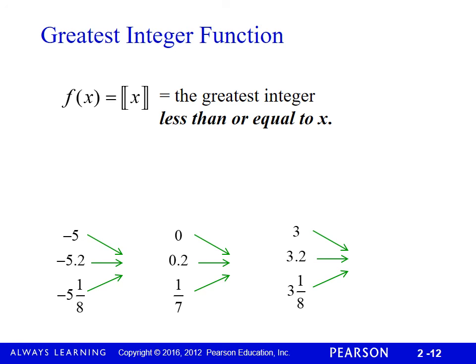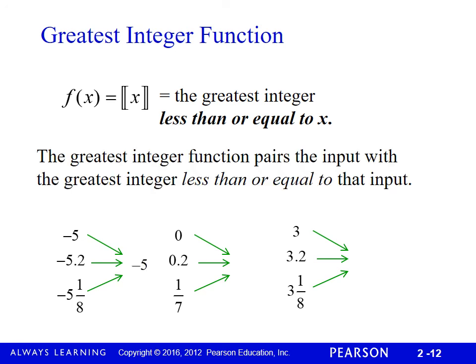So you can kind of think of the greatest integer as rounding down, okay? So if these were our three answers, negative 5, negative 5.2, negative 5 and 1/8, all of these would become negative 5 if we were looking for the greatest integer.